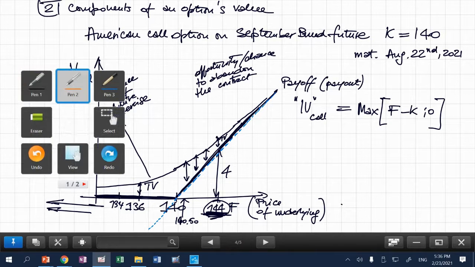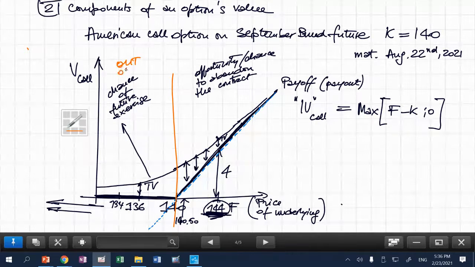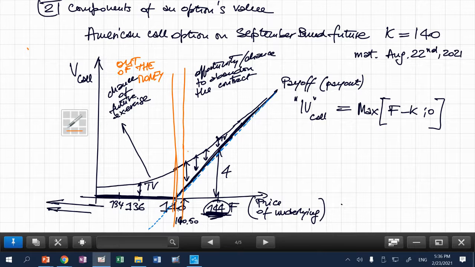You're probably already very familiar with that, but essentially you call the option out of the money when you can't extract any money from the option, so the intrinsic value is essentially 0. You have an in the money option on the other side. This is also typically abbreviated as OTM, ITM.